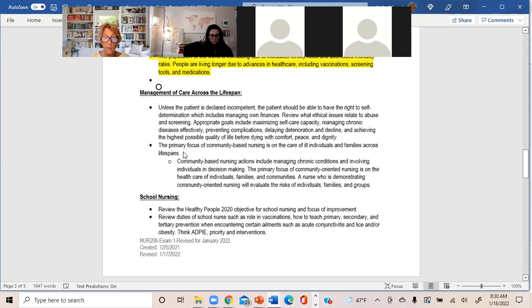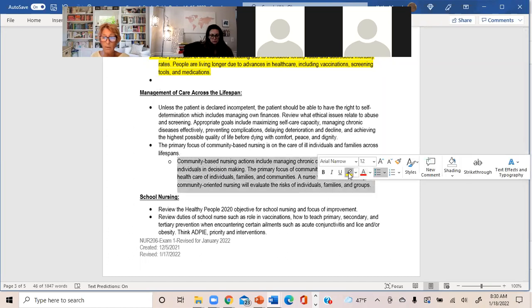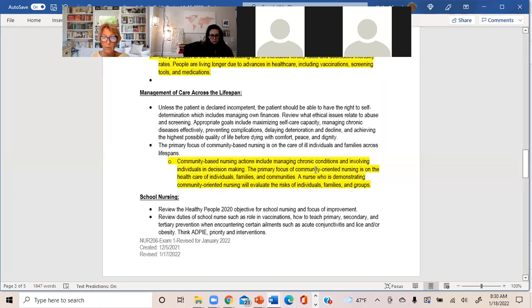This is a good summary of community-based and community-oriented nursing right here. Really good summary. So let's just say unless a patient is declared incompetent, what this is referring to is managing care of the elderly.